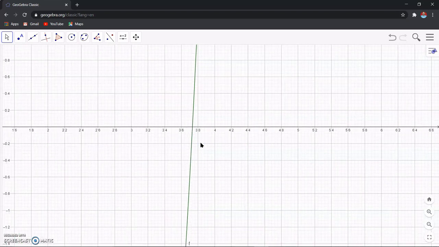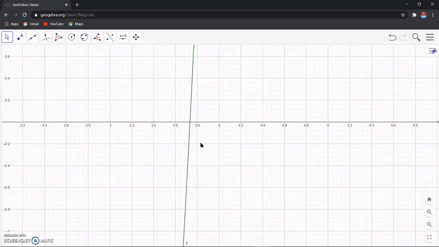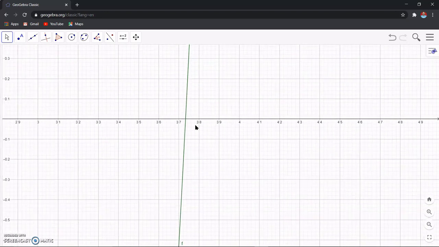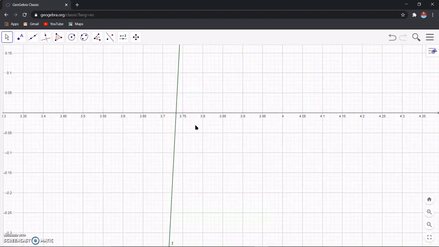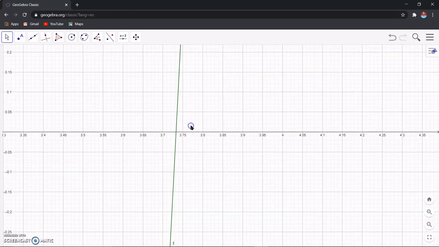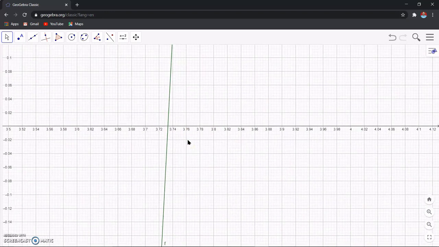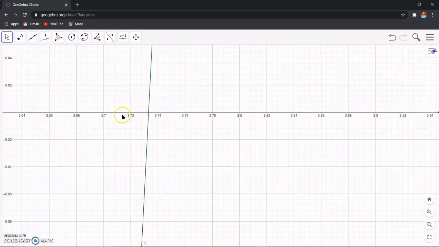Okay, so I'm zooming between 3 and 4, as you can see here. The point 3 is here where my cursor is, and the point 4 is here, and I'm between this. So I will keep on zooming. You can see that it is between 3.7 and 3.75 now, right? And then you can still zoom in.